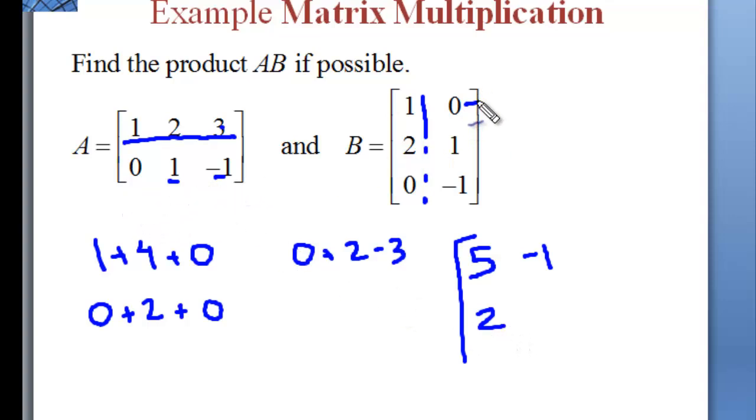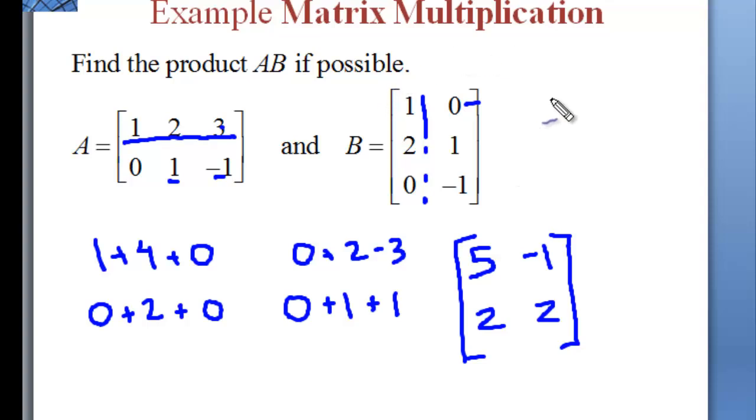Second row, second column. 0 times 0 is 0. 1 times 1 is 1. And negative 1 times negative 1 is positive 1, which gives us a 2. And there is our matrix, our answer matrix.